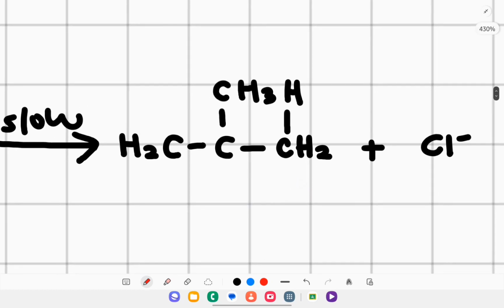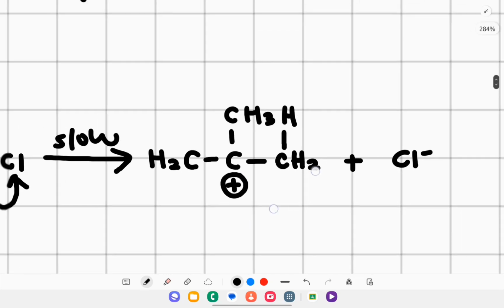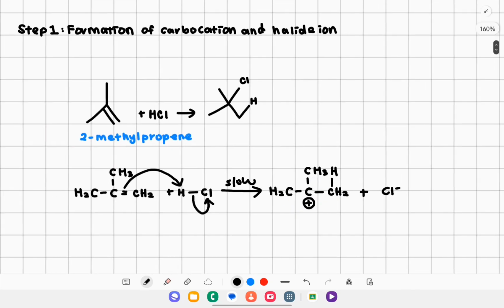We can see here, this carbon is more stable because there are 2 carbons attached to it, compared to this carbon, which has only 1 carbon attached. So we can put the plus here. So this is the reaction for the formation of carbocation and halide ion.